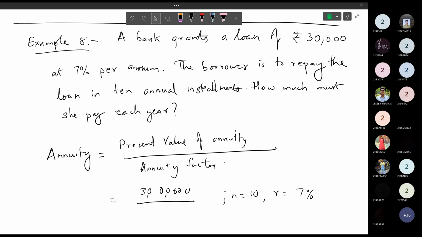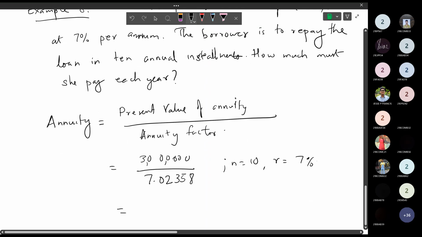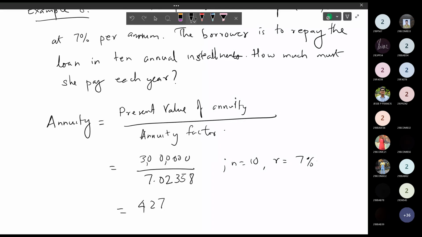For 10 years at 7%, 7.02358, which is equal to, some of you have calculated, 42,713.26. Hope you understood.